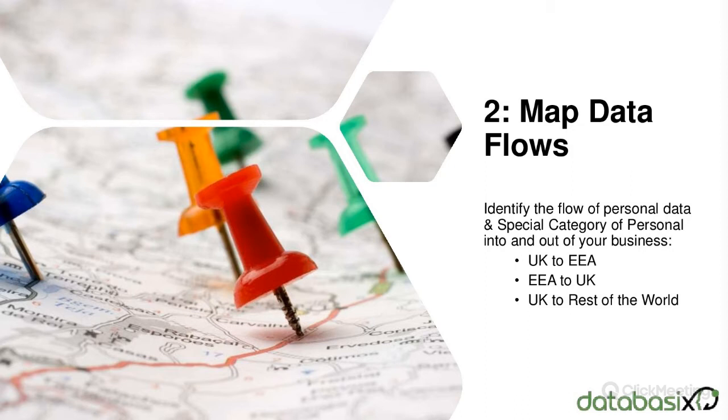Because at that point in time, you'll be able to know whether or not it's covered by the European data protection law, whether or not it's covered by an adequacy agreement that the UK is acknowledging is valid because it's what the EU use, or whether or not you're going to have to rely on introducing standard contract clauses.